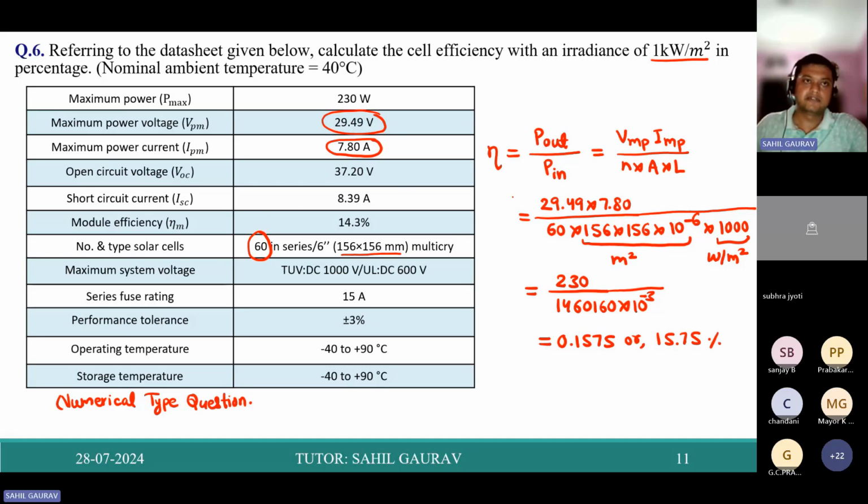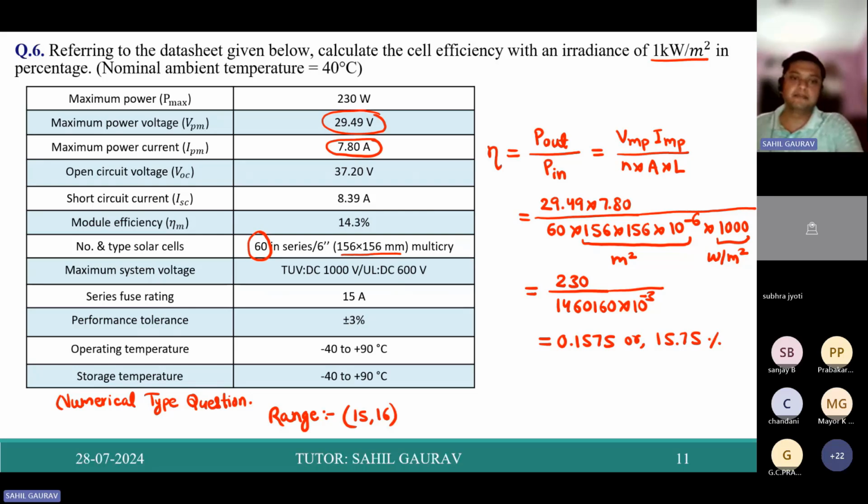So the correct answer for this problem is 15.75, and the range given for this problem is 15 to 16.